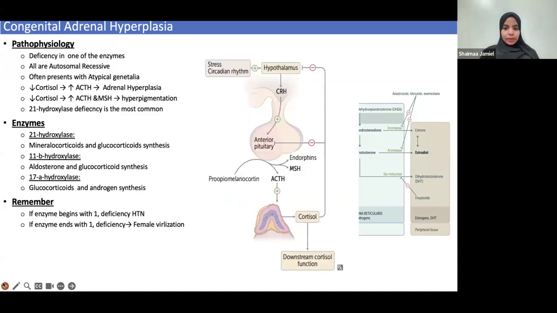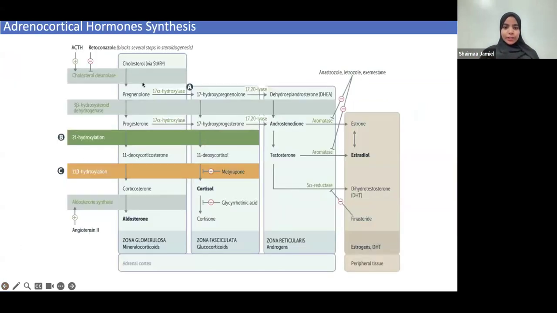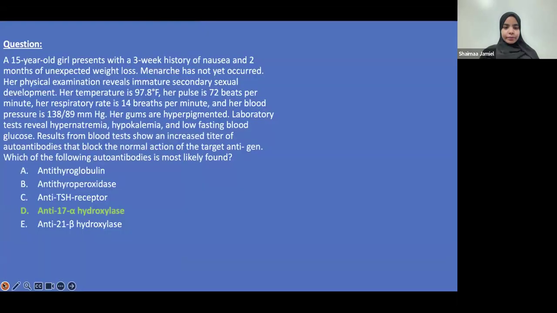So if we see here, she doesn't have enough androgens, which means it's 17-alpha-hydroxylase. And the blood pressure is high because there's hypernatremia, so it can't be the 21.